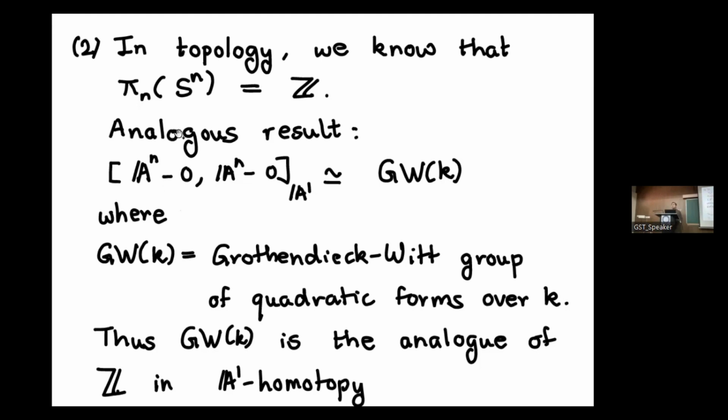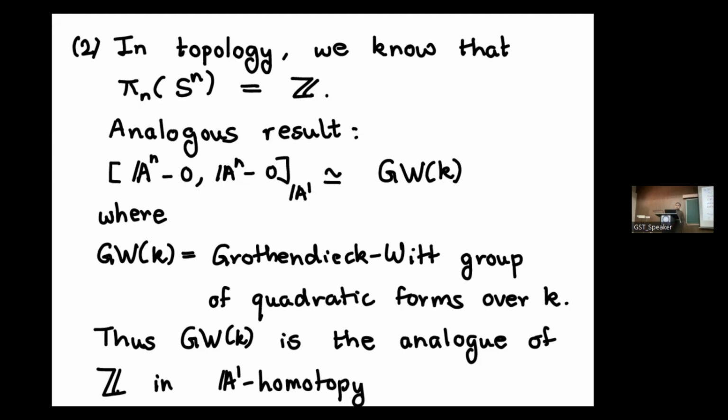I am looking at morphisms from Sn into Sn, and basically what we are saying is that their homotopy classes are characterized by an integer, which is called the degree of the map. You have a similar thing over here: you're looking at morphisms from An minus 0 to An minus 0, and you're looking at A1 homotopy classes of these. These are given by a different group. And so this is the notion of degree, the degree map in A1 homotopy.